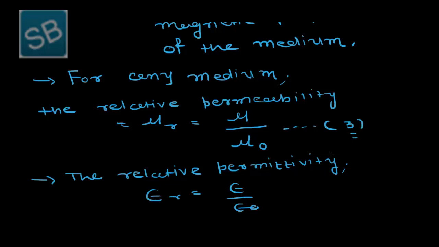So this is third and fourth equation in our characteristic explanation.